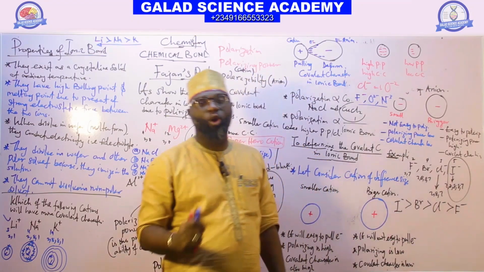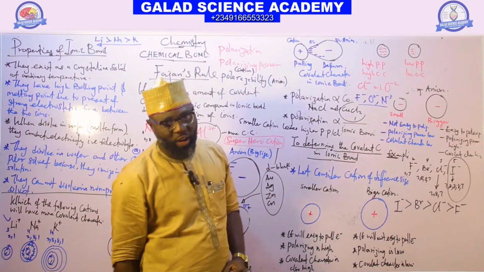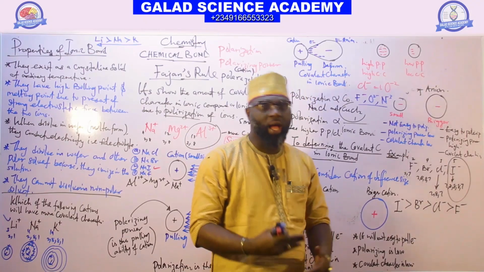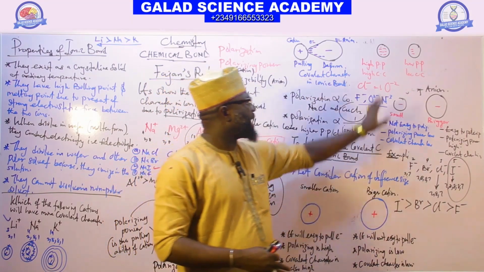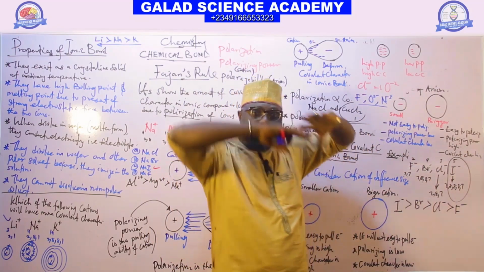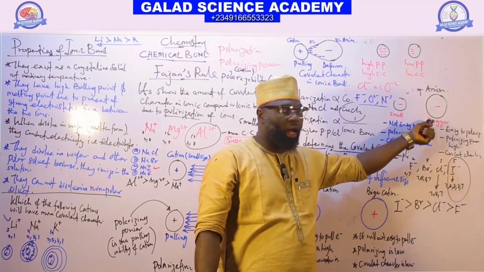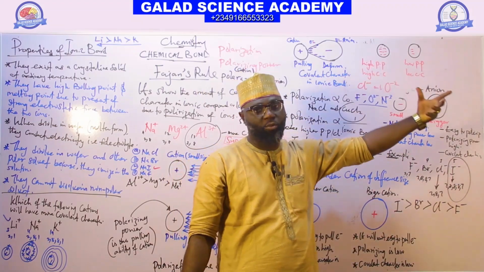It says a cation of small size will have high polarizing power and more covalent character. A cation of bigger size has lower polarizing power with lower covalent character. But an anion with bigger size will have more polarizing power. The small one has lower. The number of charge is the same too.